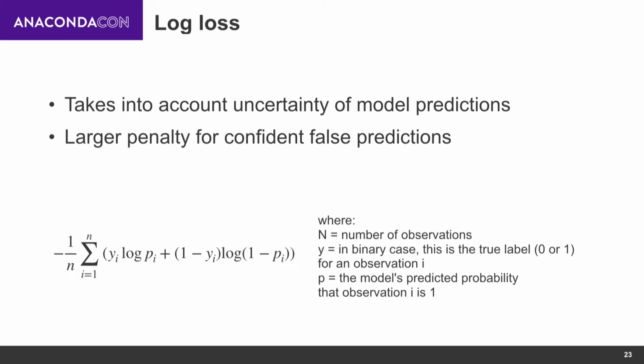There's also log loss as another way of assessing the performance of a machine learning model that generates probabilities as well as predictions. It's also often used as a loss function, of course, and it takes into account uncertainty of model predictions.